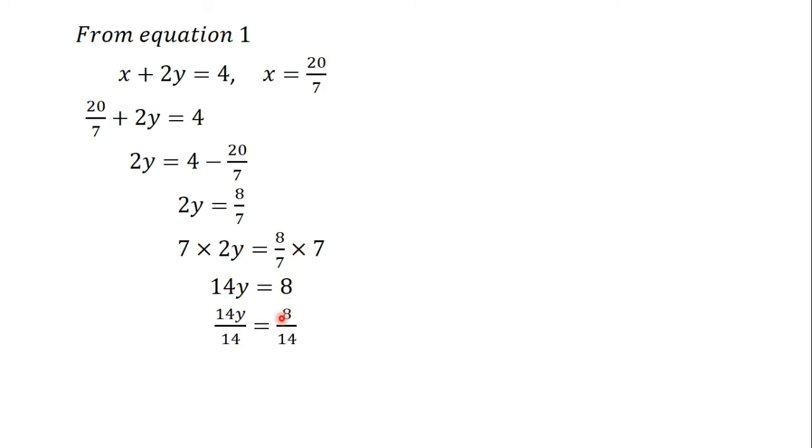You divide both sides by 14, and y will give us 8 over 14, which is the same as 4 over 7. So we have been able to find x to be 20 over 7 and y to be 4 over 7 using the elimination method.